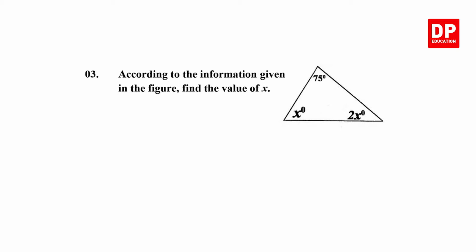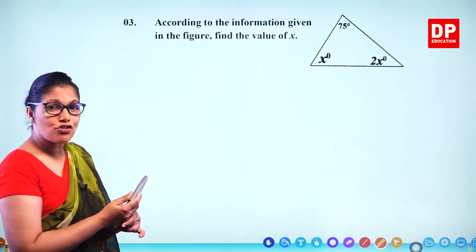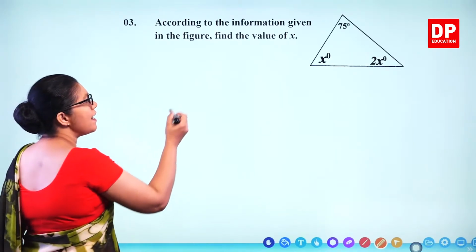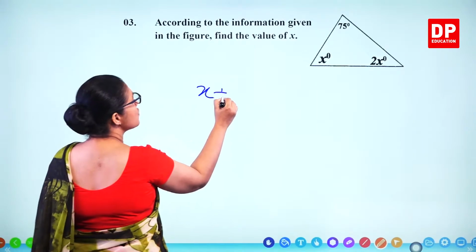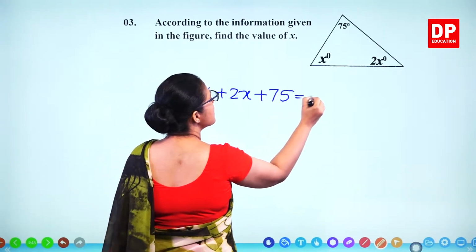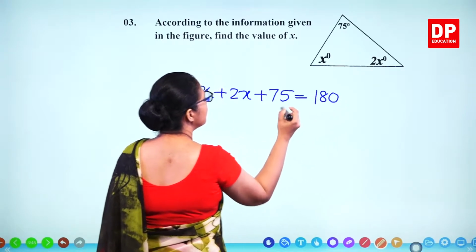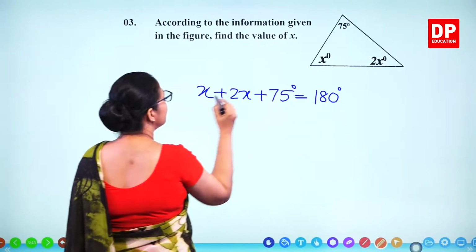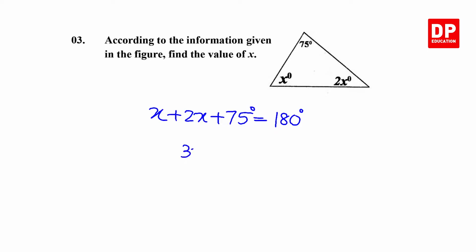Question number 3. According to the information given in the figure, find the value of x. The sum of angles in a triangle adds up to 180. So x plus 2x plus 75 is 180. x and 2x becomes 3x.